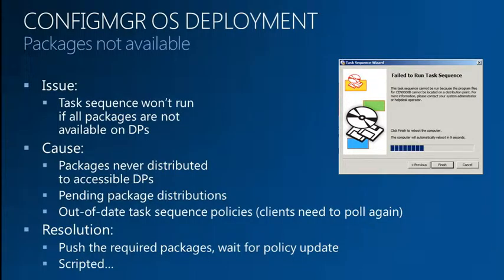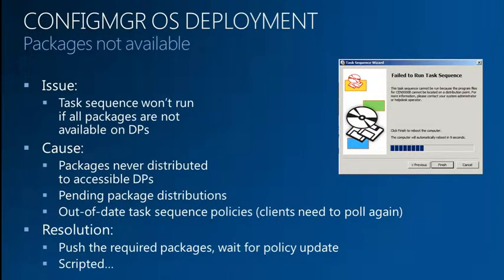It's going to look through all the packages and make sure it's got them all before it deploys. What you don't want to happen is for it to get halfway through the deployment and find it's missing one package, and you've got a machine that's sort of half-baked, or it's just been formatted and then nothing else has happened. So it will check. So go to the log again. I say logs every time, smsts.log, scroll up, find the one that it says it can't find, and then push it out. Generally, it will give you the package ID. You just find the matching one.